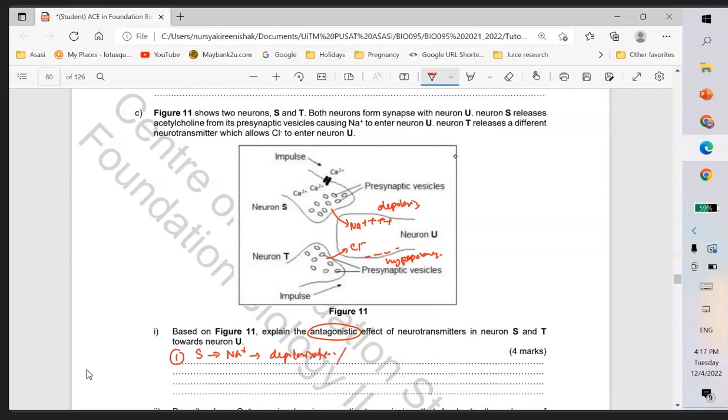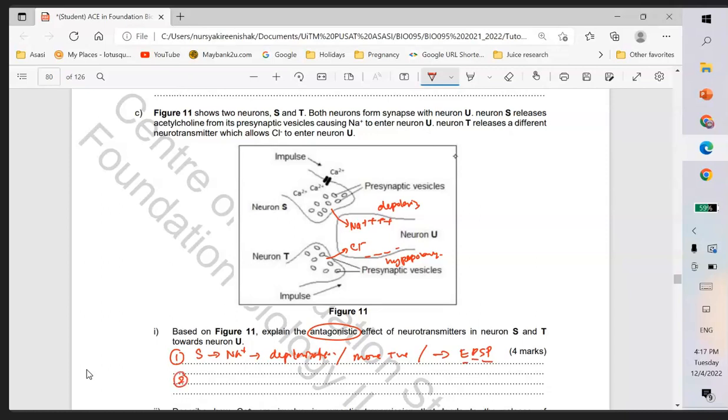Ataupun make membrane potential more positive. Okay, more positive. And this lead to what? EPSP. Excitatory postsynaptic potential. Okay, by the neuron.